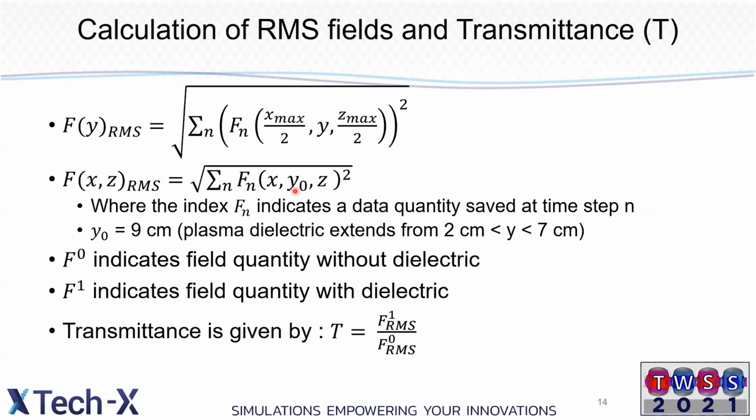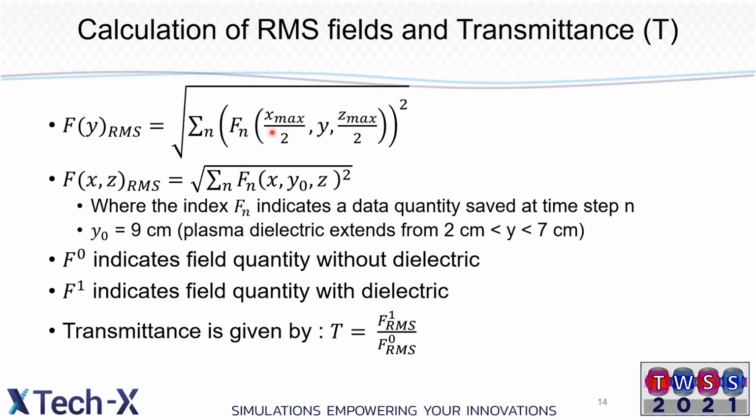I collected data in a plane, but I didn't really end up using that data too much. What I really cared about was the data along the line through the center. That was taken at x max over 2 as a function of y and z max over 2.